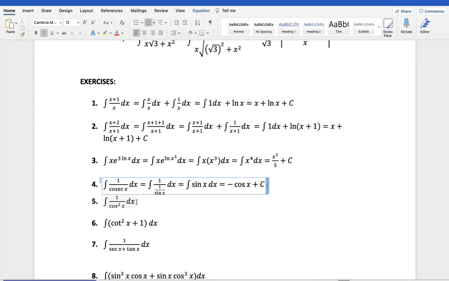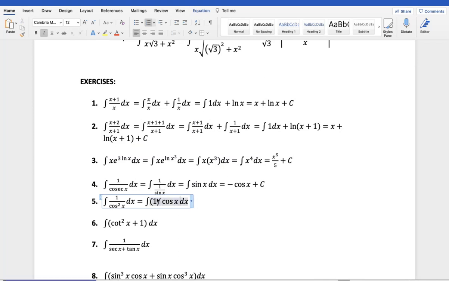The next example is equal to, there's two ways you can solve it. We know that 1 over cos squared can just be rewritten as 1 over cos all squared, all under the square.